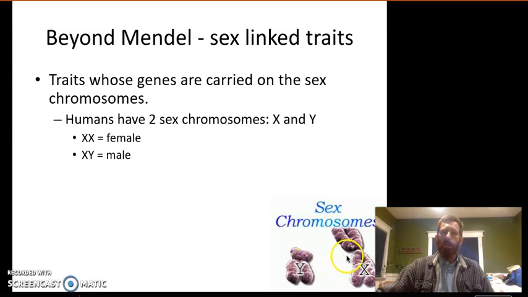Now, what do you guys notice? Yes, that's right. The X chromosome is a lot bigger. The Y chromosome is a lot smaller. I like to call the X chromosome the encyclopedia, and I like to call the Y chromosome the comic book. Now, if you want to take from that that females are more complicated and smarter and have more information and maybe like to talk more, you can do that.